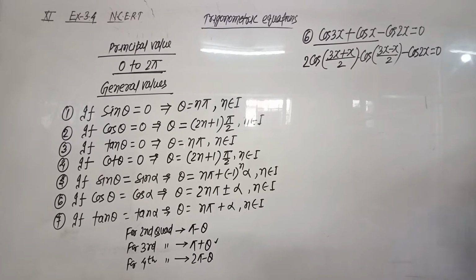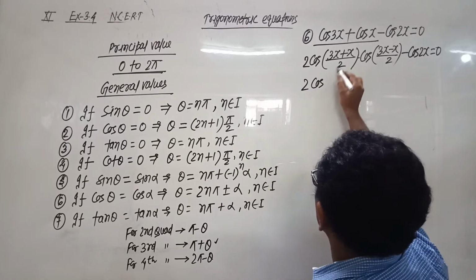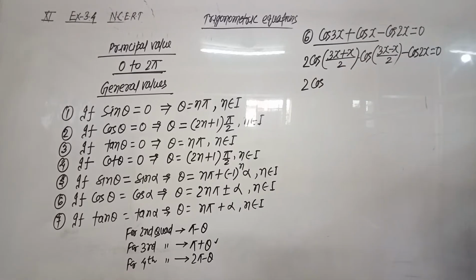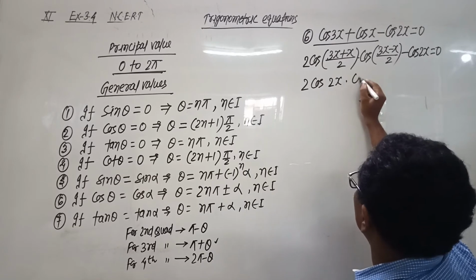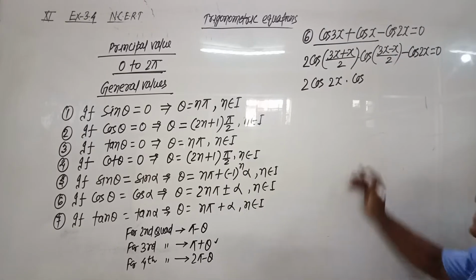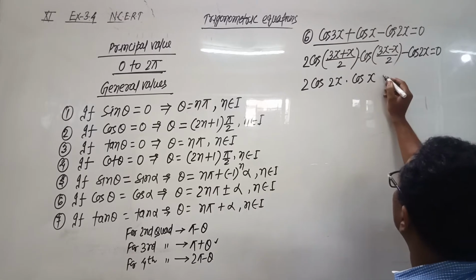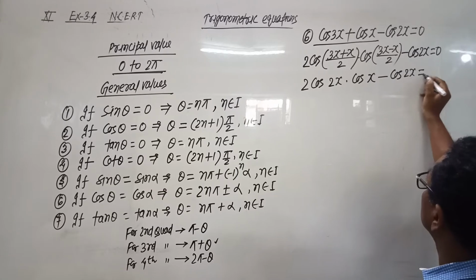Now we solve this. So 2 cos (3x plus x) by 2, that is 2x, into cos (3x minus x) by 2, that is x. So 2 cos 2x into cos x minus cos 2x equals to 0.